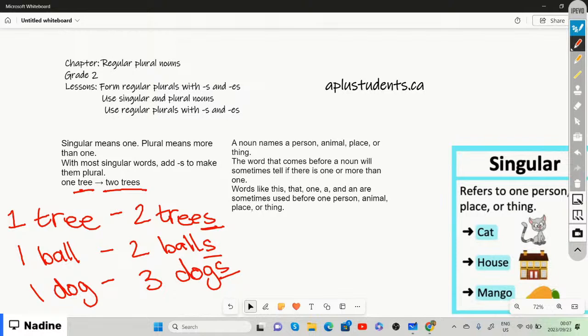So when we want to make a word plural, we add an S to the basic singular forms. So singular means one and plural means more than one. So as soon as we show that something is more than one, we call it plural, then it means that we just add an S to the singular word to make that word plural.